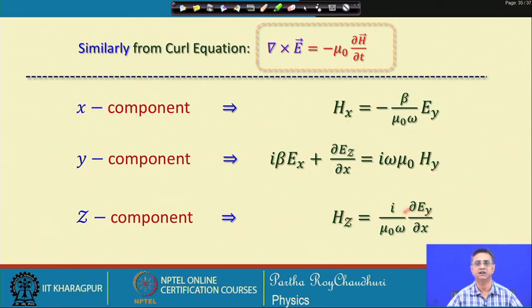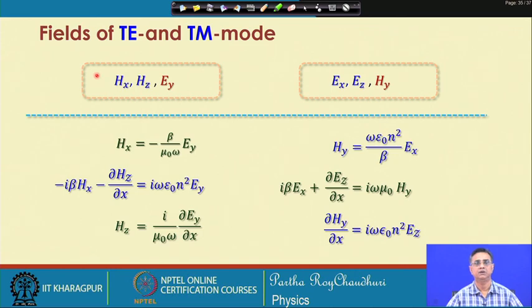So, these are again a set of three equations obtained from the curl equation, del cross E. For TE modes, we have Hx, Hz, Ey, as we have seen, because in the case of TE mode you have an electric field which is tangential, but this will also associate itself with Hx and Hz.